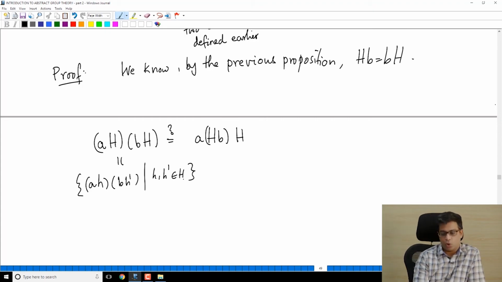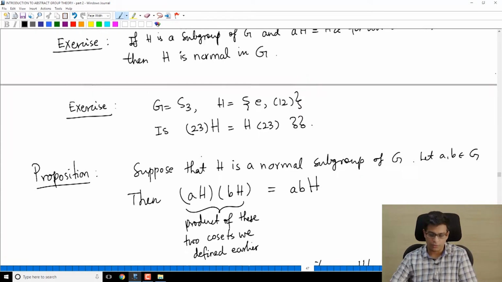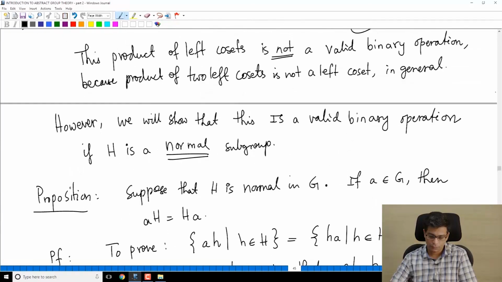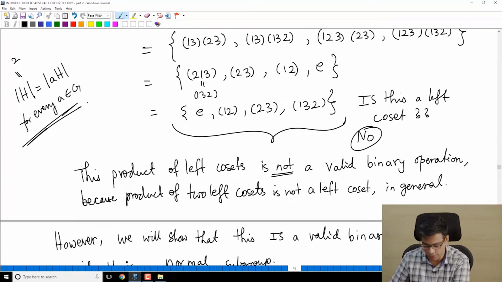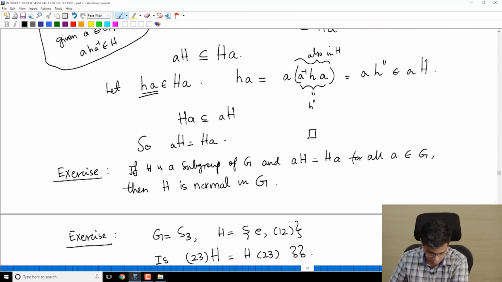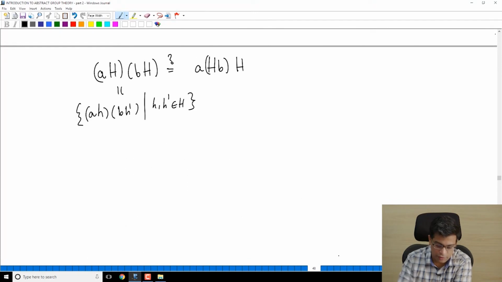This is exactly the product of two sets in a group that we defined earlier. If you have two subsets of a group, the product is defined to be ab, where a is in A and b is in B. This is the definition of product of subsets that we will always use. So in this case, I am applying this definition to AH and BH. AH is the set a small h, BH is the set b small h prime.